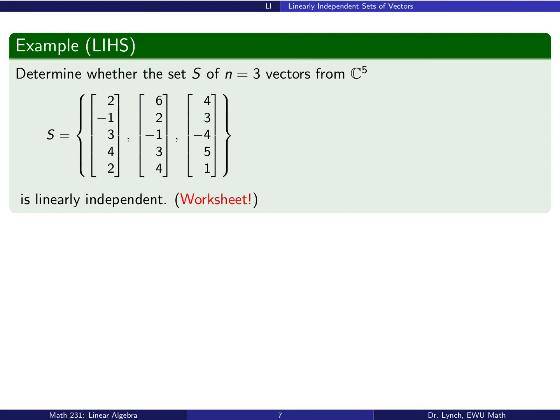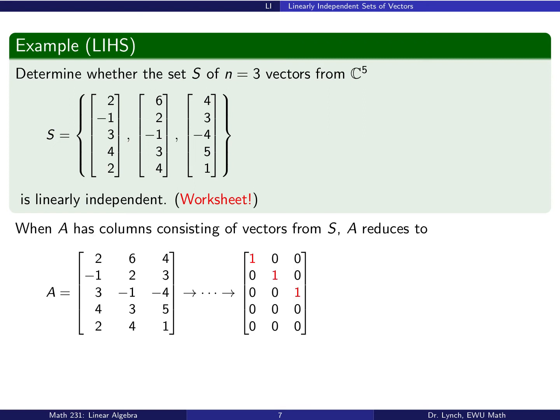Okay, so one way to examine this is to think about the corresponding homogeneous linear system. So we'll go ahead and form the matrix A that corresponds to vectors in the set S. We see that when we row reduce that matrix, we end up with n equals 3 variables in the homogeneous linear system and r equals 3 pivots, so that the only solution of the homogeneous linear system is the trivial solution.